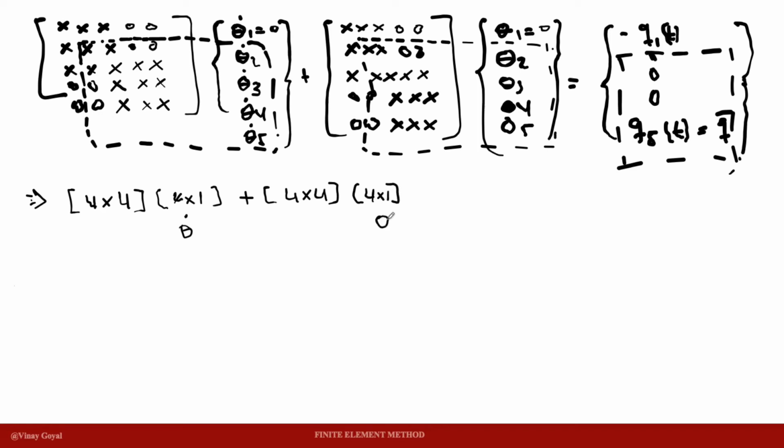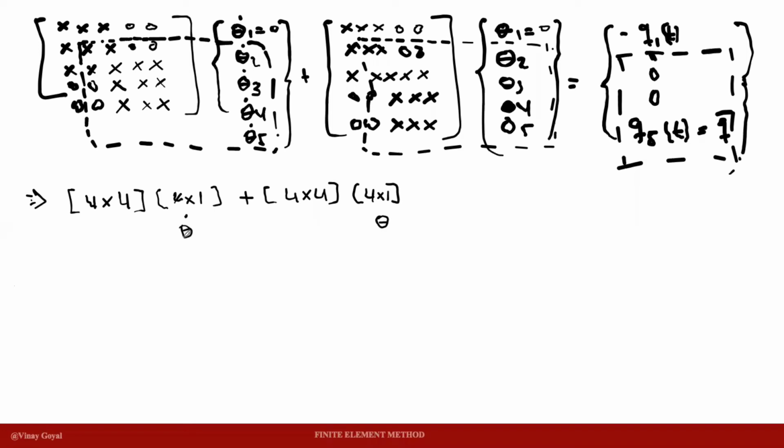So that system of equations, the one we're going to use in the next step, is a 4x4 matrix, times a 4x1 vector related with theta dot, plus a 4x4 matrix times a 4x1 vector related with theta.